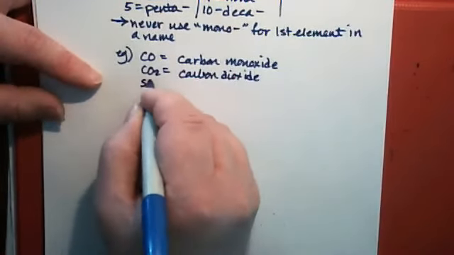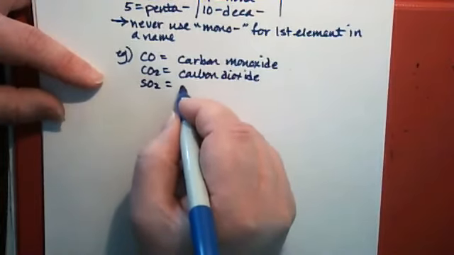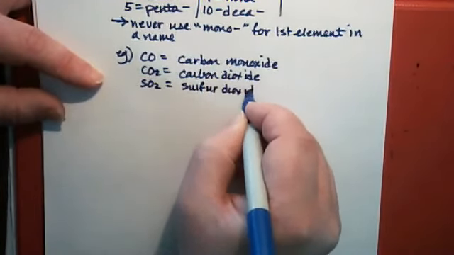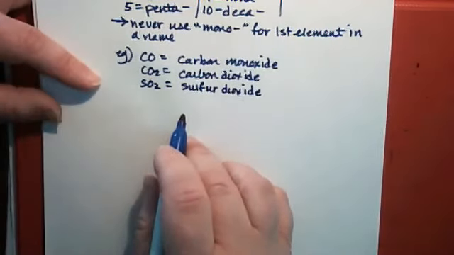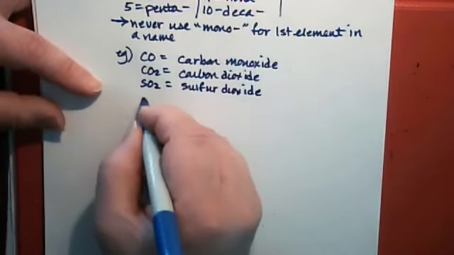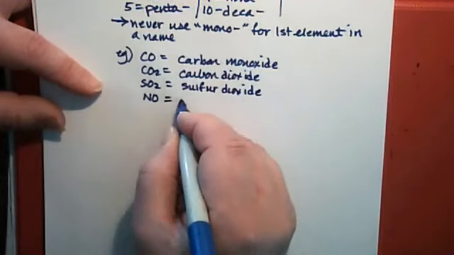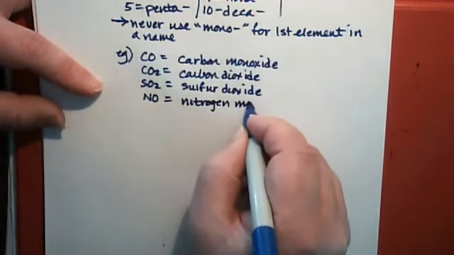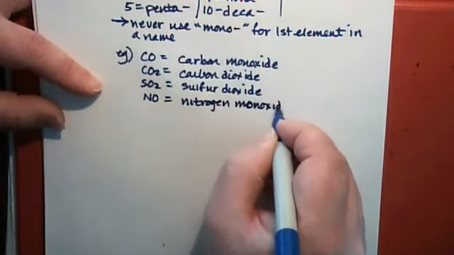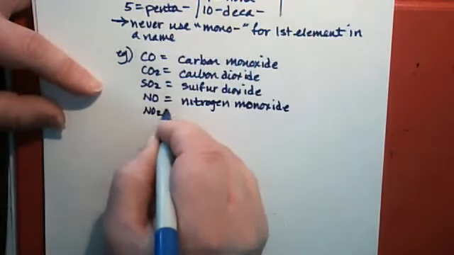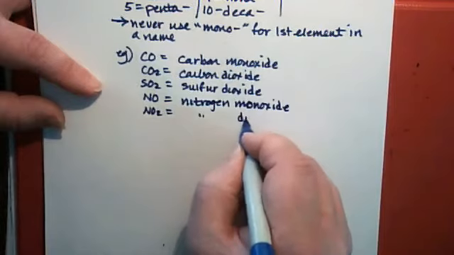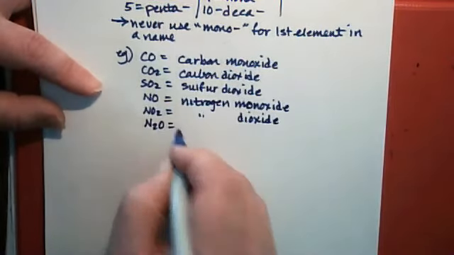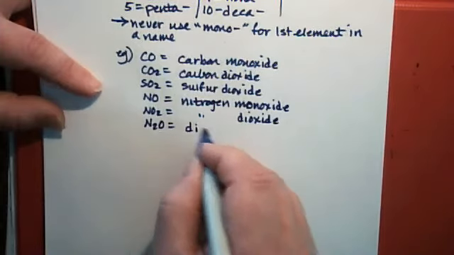We could have, say, SO2, sulfur dioxide. We could look at some of those nitrogen compounds that we had. NO, nitrogen monoxide. NO2 would be nitrogen dioxide. N2O would be dinitrogen monoxide.